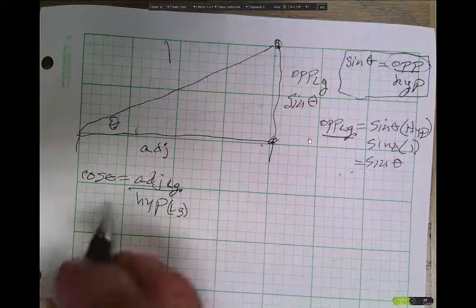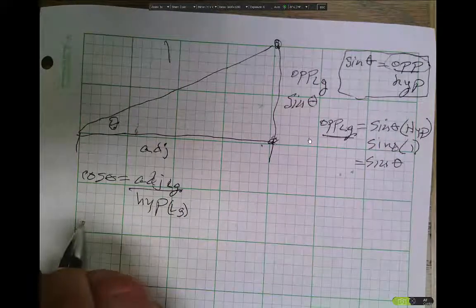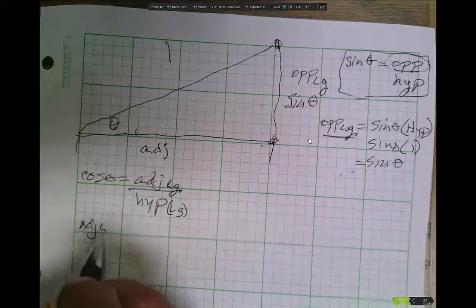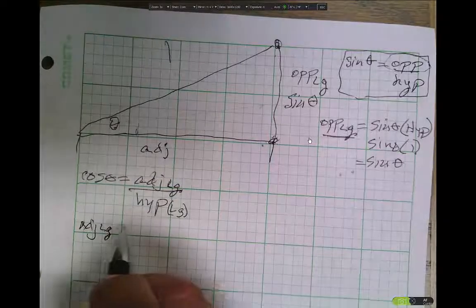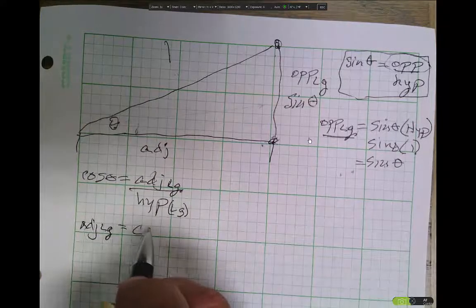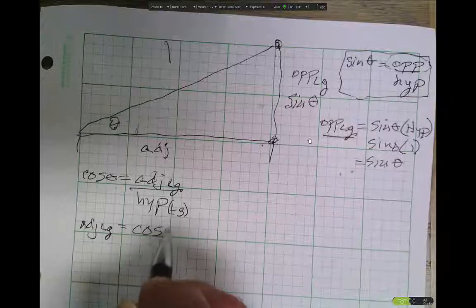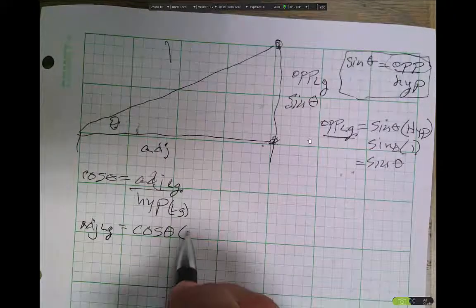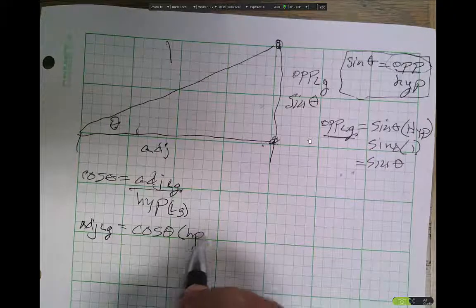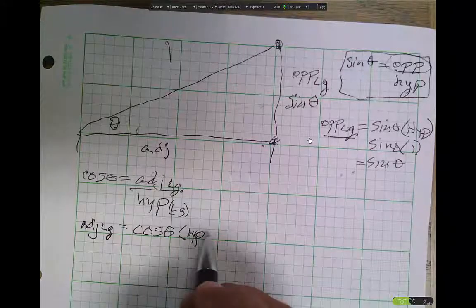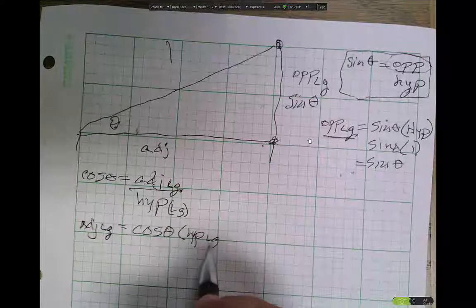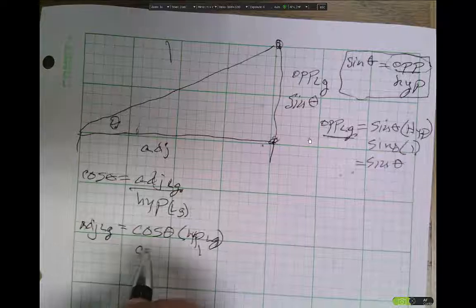So I'm going to simply solve this for adjacent. Adjacent sub large is equal to simply take the cosine of theta and multiply it times whatever the hypotenuse is. In this case, it's 1.